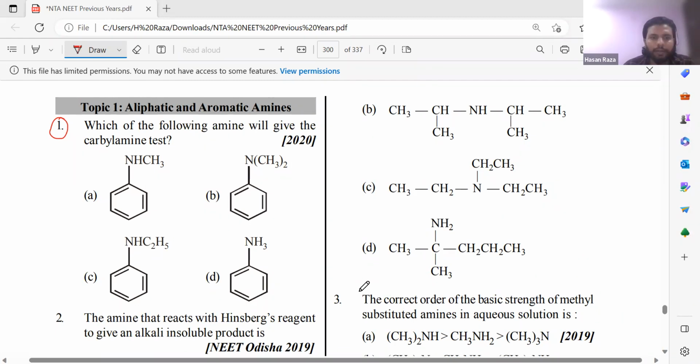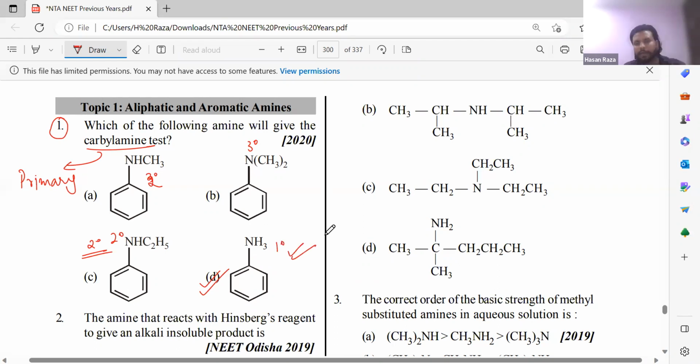And Samira, it's wrong, not C. C is your 2-degree amine. Carbylamine test will be given by 1-degree amine. So this will be your answer. Carbylamine test, primary. You are going to write. Here you can see this is your 2-degree, this is your 3-degree, this is your 2-degree, and this is your 1-degree. Is that clear, Samira? Yeah.